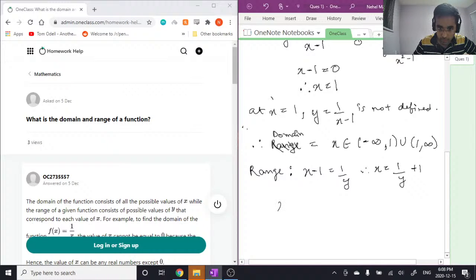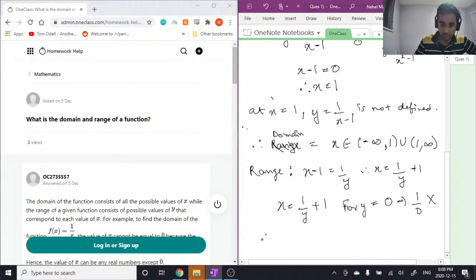So given f(x) equals 1 over y plus 1, you can look at x as the domain. For y equal to 0, we get 1 over 0, which we cannot get, which means it's undefined.